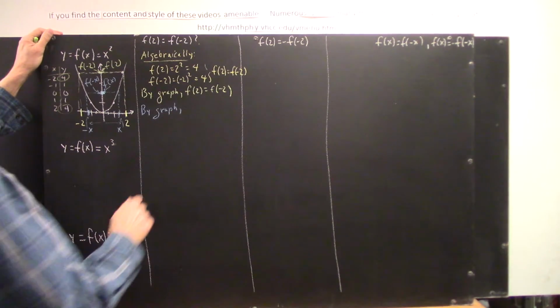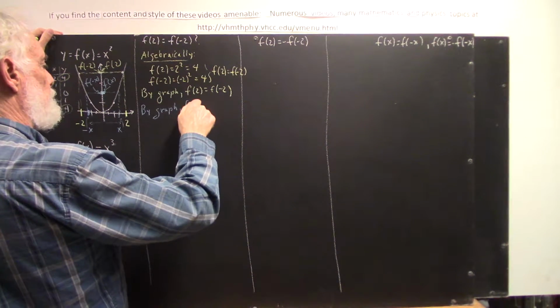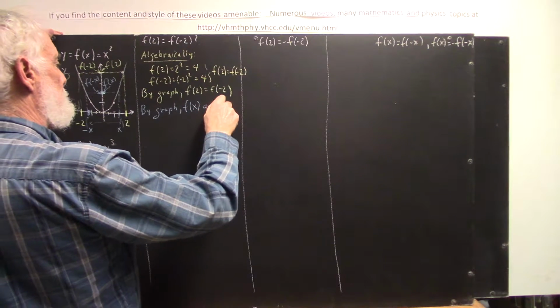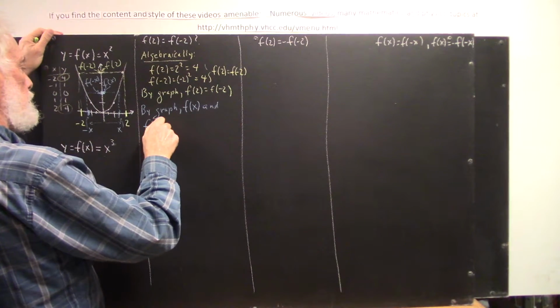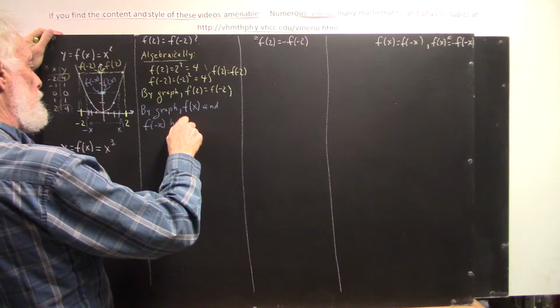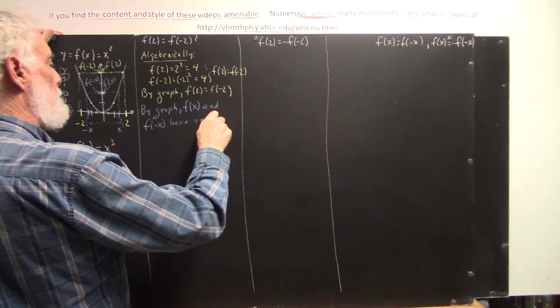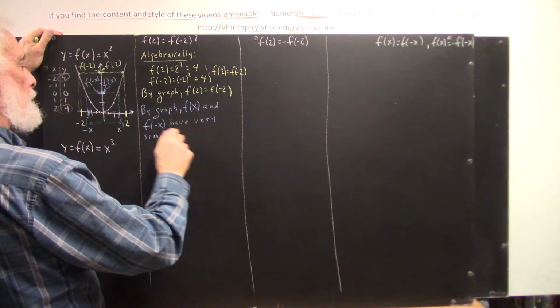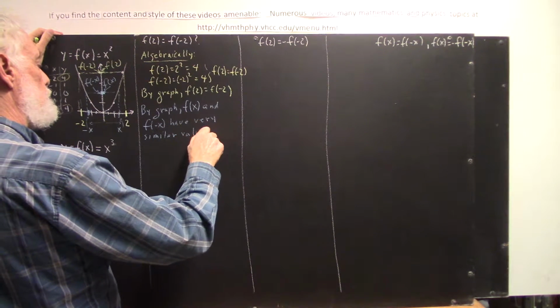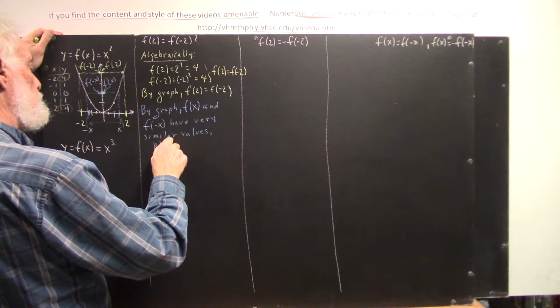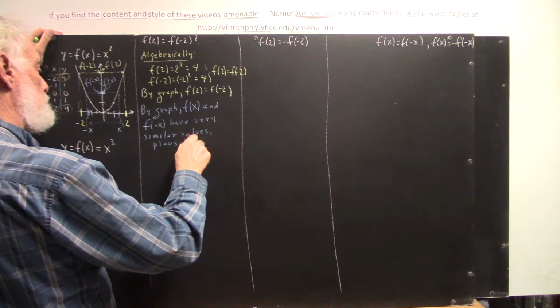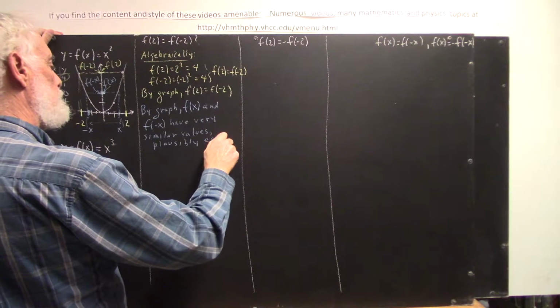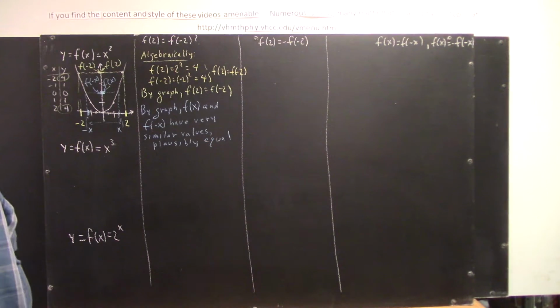I would say by the graph, f of x and f of negative x have very similar values, and they're plausibly equal. So it's very plausible that f of x equals f of negative x.